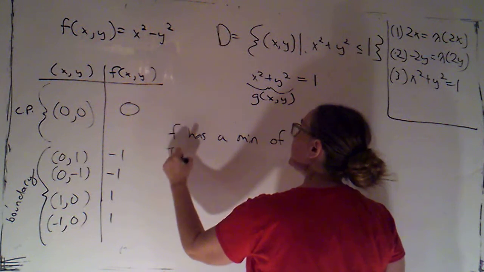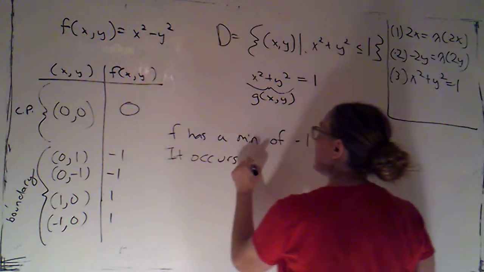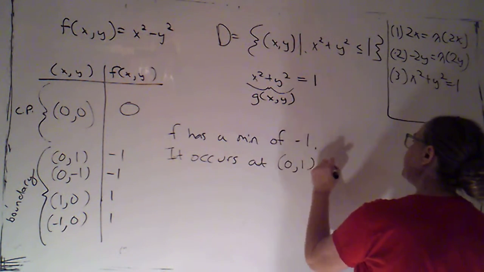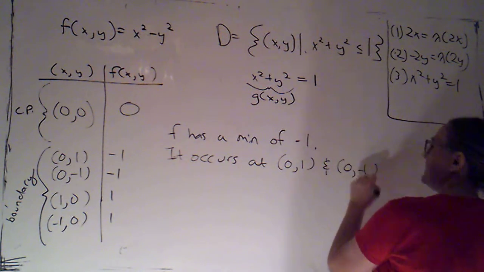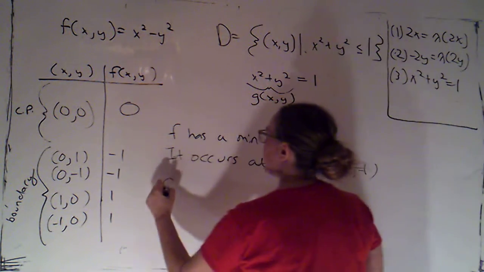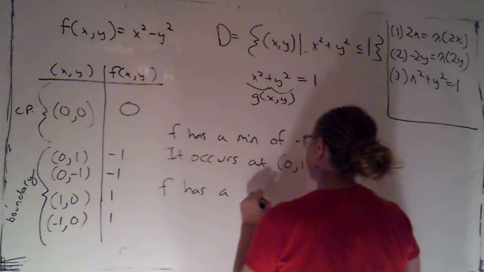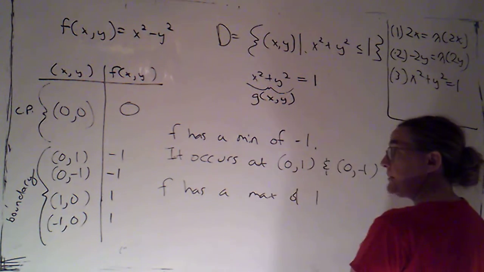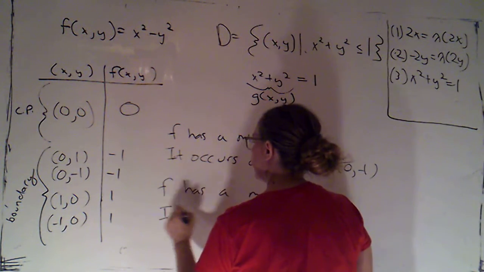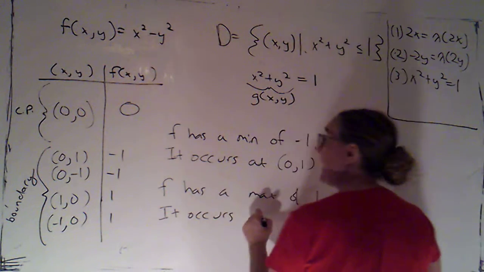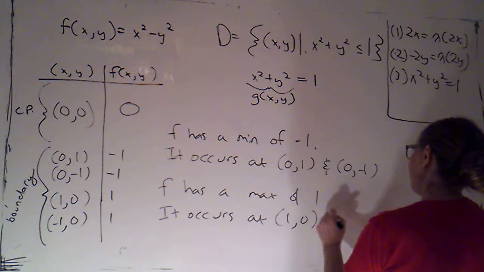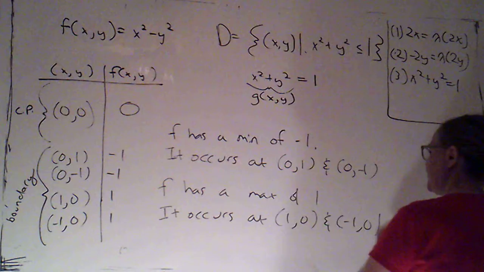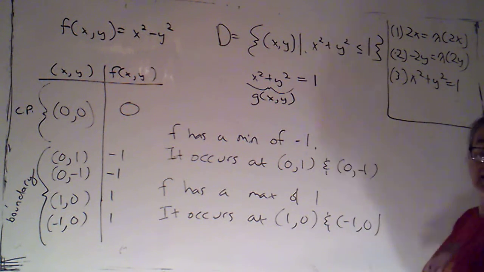That's the value of it, and it occurs at 2 points, 0, 1, and 0, negative 1. And then f has a max of 1, and it occurs at 2 points, 1, 0, and negative 1, 0. So there's my answer.